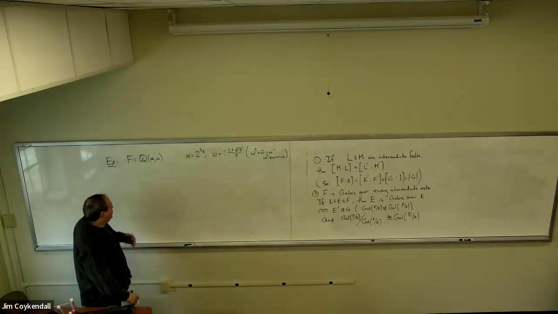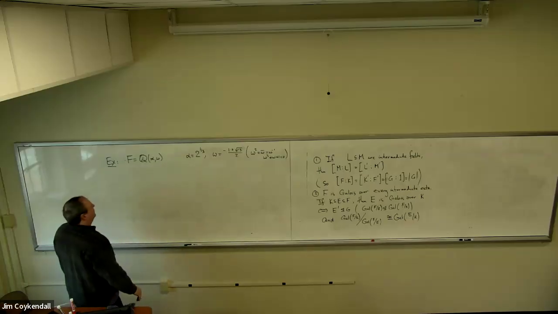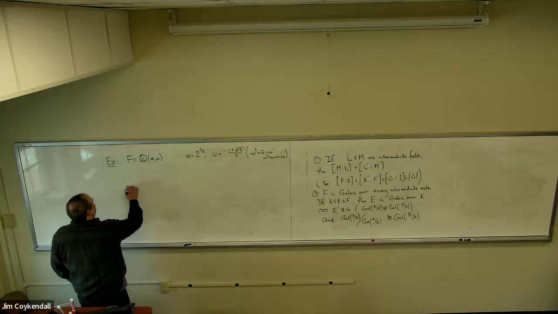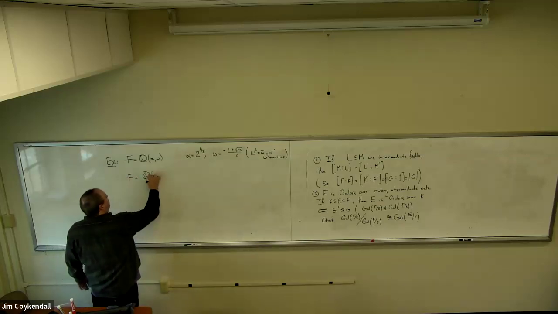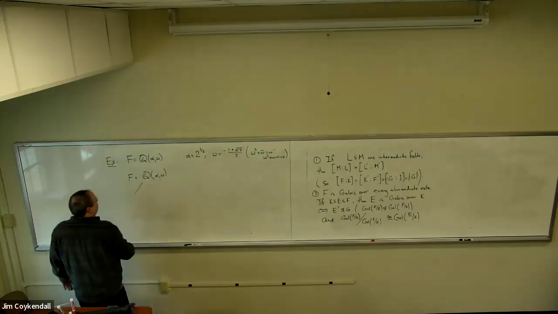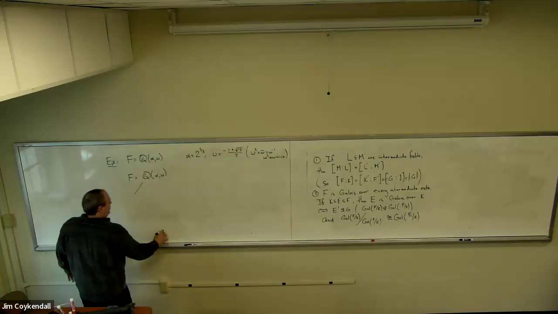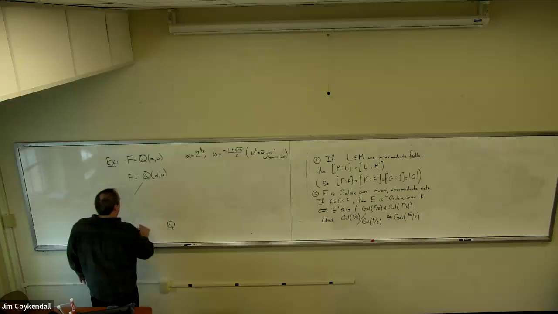Now, we had these fields here. Let's see, I corresponded the fields. Okay, so I'm going to start with the fields here. We have Q down here.